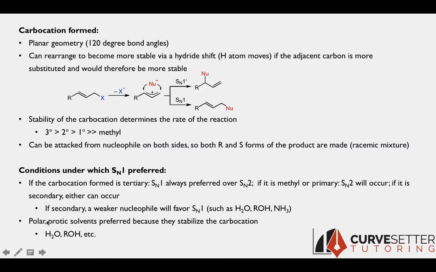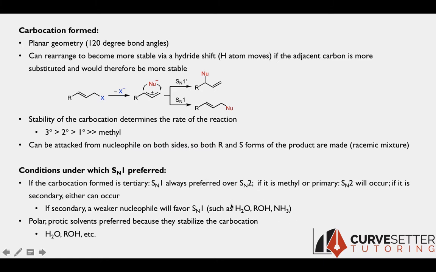So if you are going to form a secondary carbocation, or basically the carbon bound to the leaving group is a secondary carbon, then a weaker nucleophile would favor SN1 over SN2. So these are examples of weaker nucleophiles, and you'll see that stronger nucleophiles are halides.